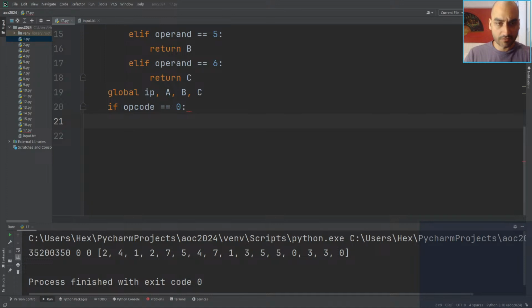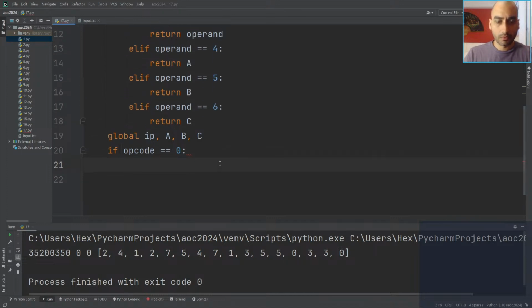Okay, so it's A divided by 2 to the power of the combo operand. All right, so A divided by 2 to the power of get combo operand. Don't need brackets, just do it anyway. And that gets written to A.